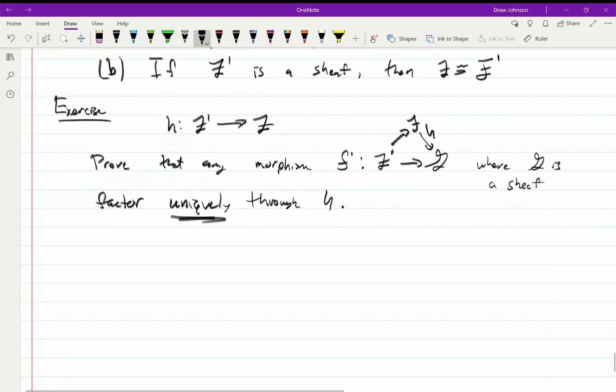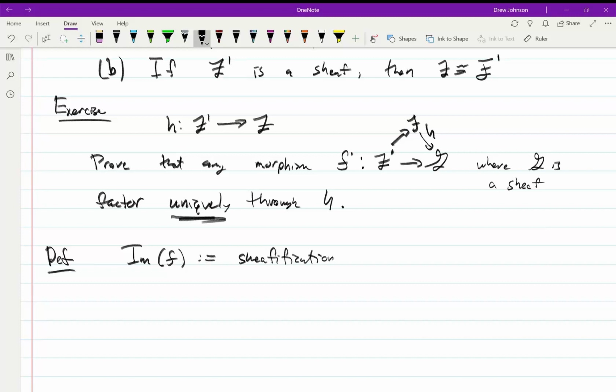All right, now that we have the idea of sheafification, we can do lots of definitions that we want to do. The image of a morphism, the image sheaf, will be defined to be the sheafification of the image pre-sheaf that we talked about before.